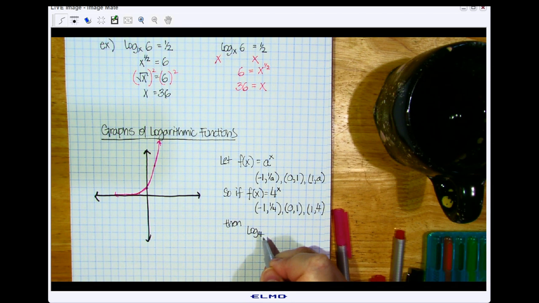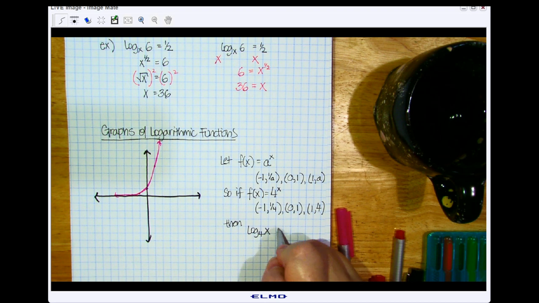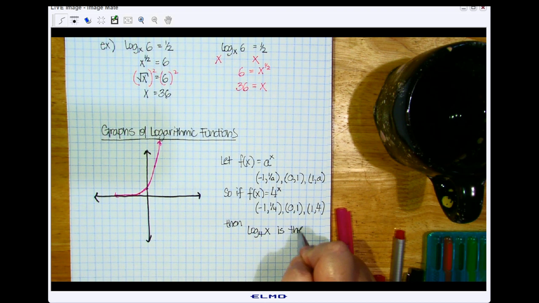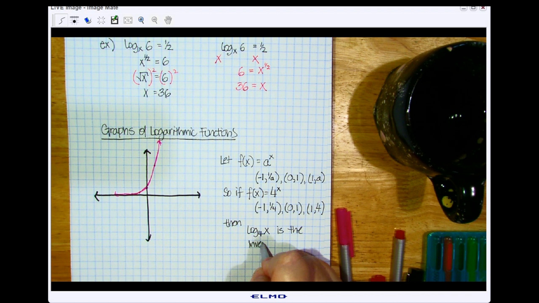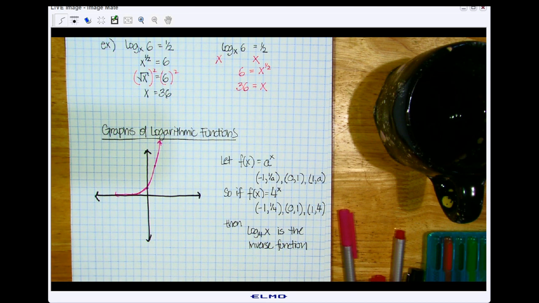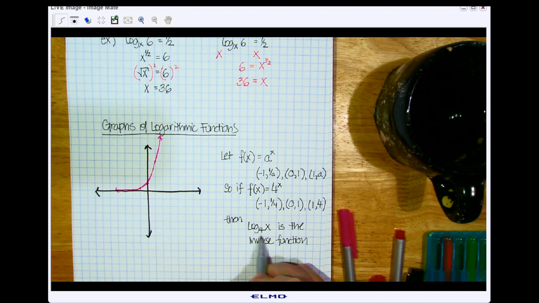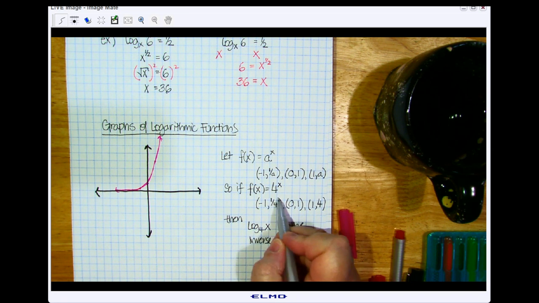So then what happens is the log base 4 of x is the inverse. So log base 4 of x is going to be the inverse function of this.